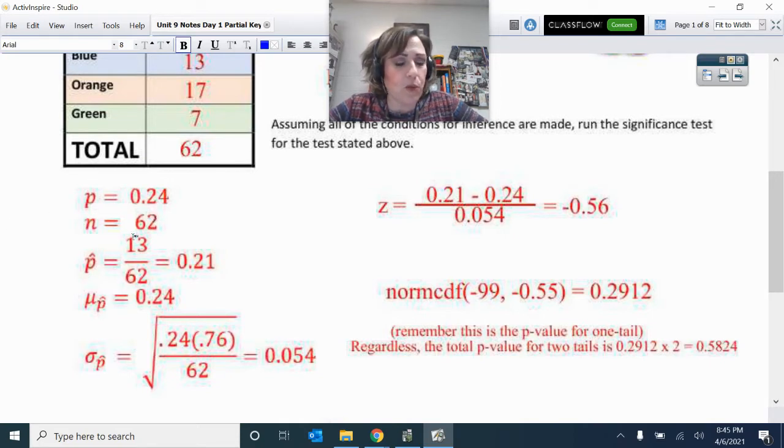My sample was 13 out of 62, so 0.21. It was expected to be centered around 0.24, and then here was that standard deviation. So my z-score was my sample result minus where it's supposed to be centered, divided by the standard deviation. And so that's a z-score of just negative 0.56, not unusual at all.